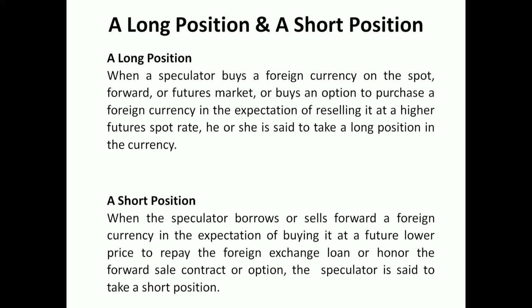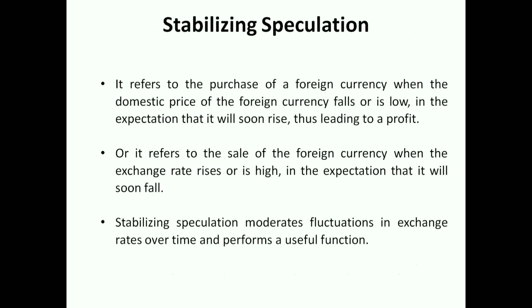Then he is taking a long position. When he's taking the short position, he borrows or sells today a foreign currency in the expectation that in future he would buy it again at lower prices.